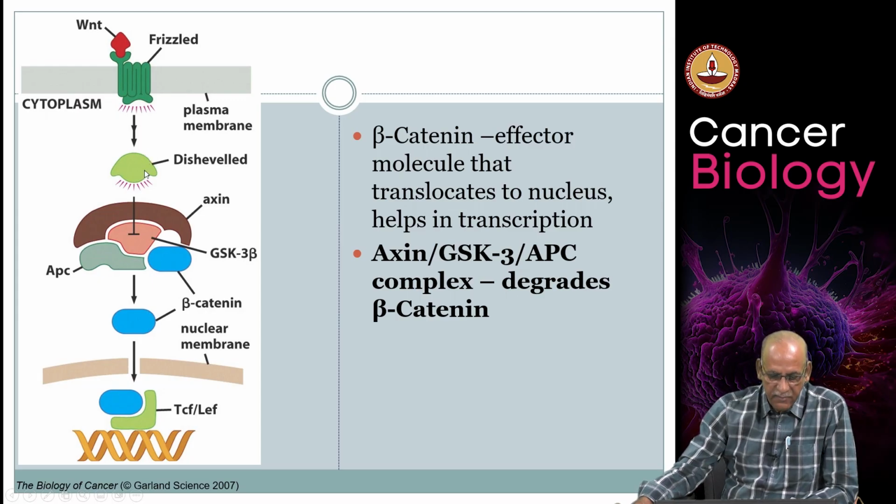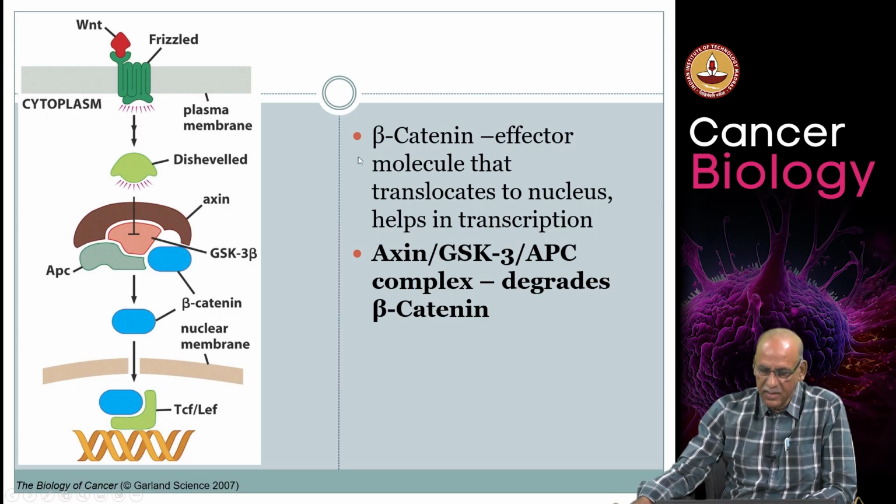Once these are activated, the signal goes to a complex often called the death complex. The reason we call it the degradation complex or death complex is that this is the complex that eventually degrades beta catenin.